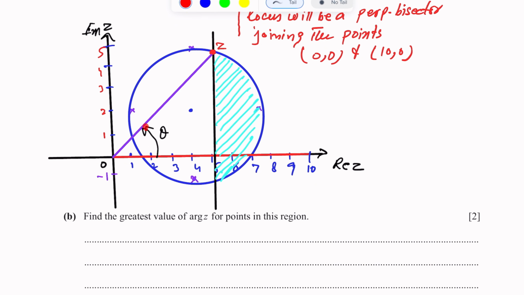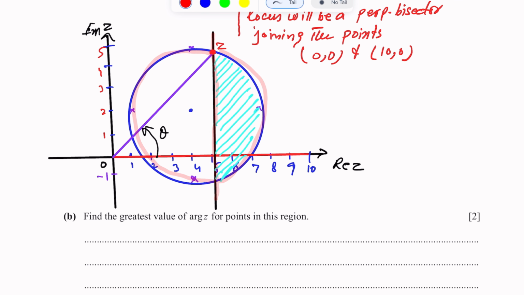To find this angle, clearly this triangle is a right angle triangle. This is perpendicular and this is base. It is clear that base is 5. But we have to find the length of this part of the line. So this point Z is the point of intersection of the line x equals 5 and the circle.